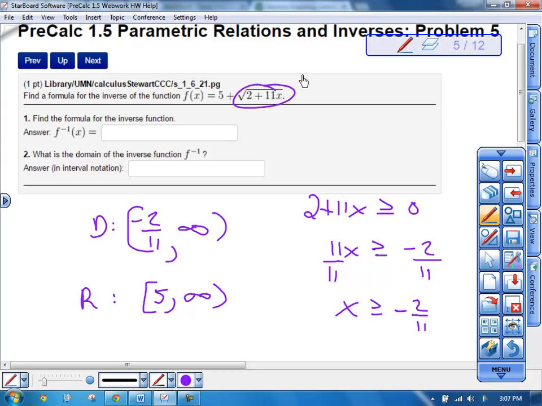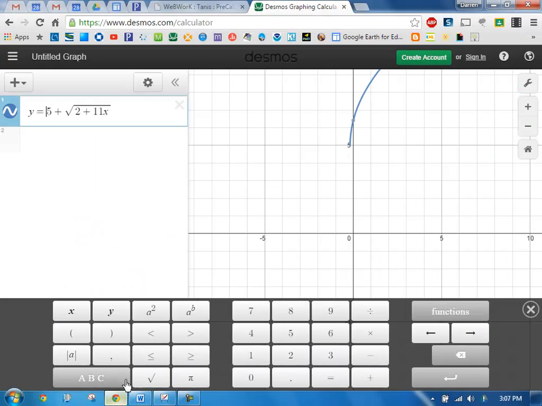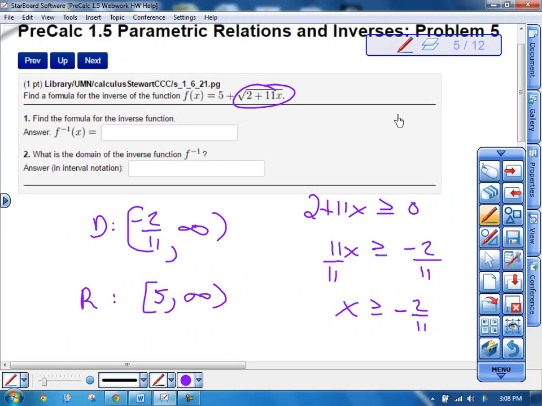Other than that, it's got to be positive, otherwise we get an undefined value. So 5 is the smallest this number can get, and I'm going to add to that. You can always look at the graph too in decimals, and you can see that the range is going to be 5 and bigger. It helps to know both algebraic and looking at the graph. But for inverses, what's nice about this is the inverse just switches the domain and range. That's what inverses do. So when it asks for the domain here, you just give the range. So in this case, it'd be 5 to infinity.